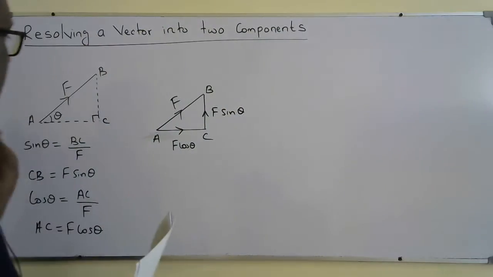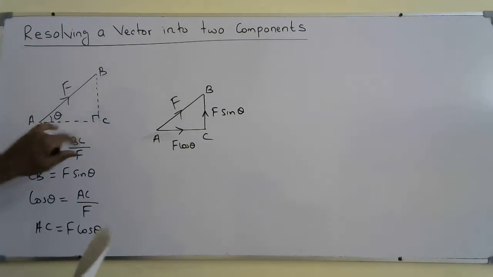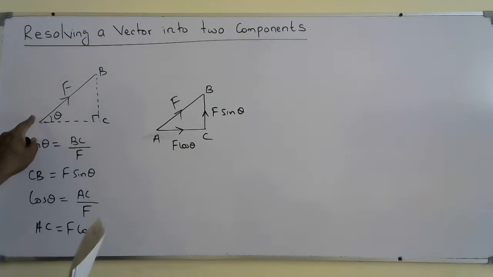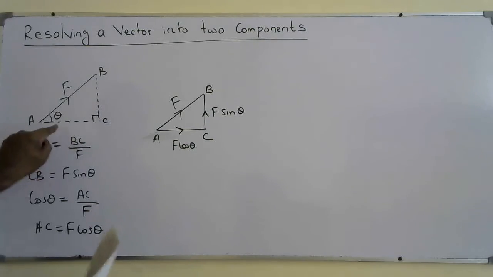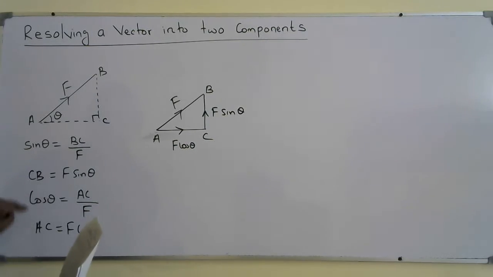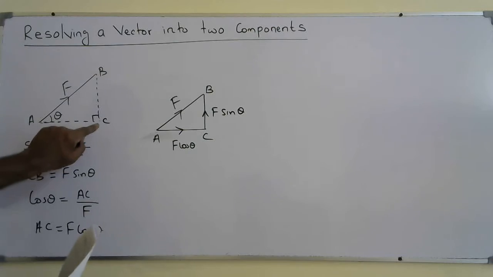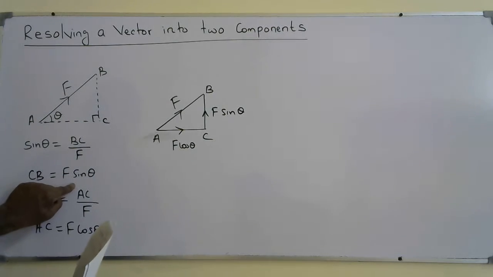That means, the other way around, F is the given force that makes an angle theta. I drew and completed a right angle triangle by using the given force. The length AC is F cos theta and the length CB is F sin theta.